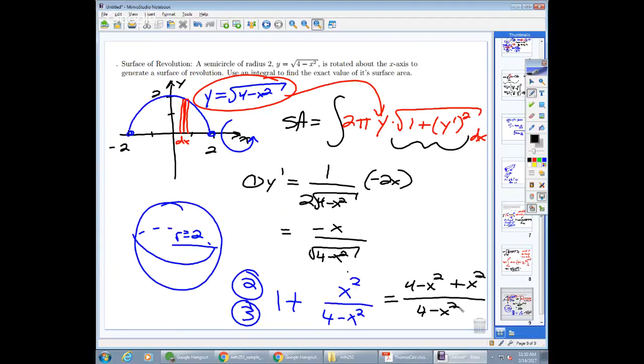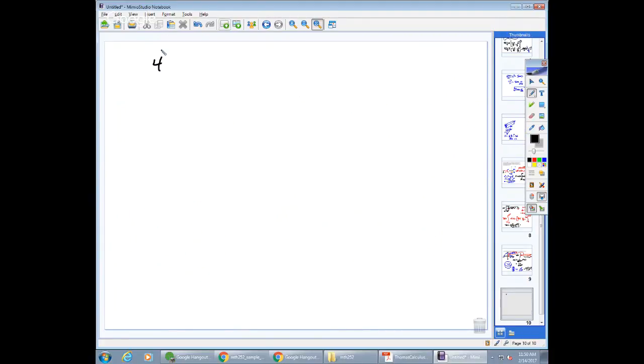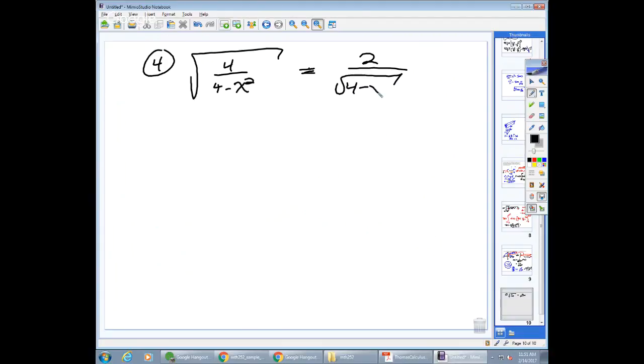That cleans up beautifully, right? It's just 4 over 4 minus x squared. So step 4 would be to take the square root of that, which cleans up a little bit. I can rewrite that as 2 over the square root of 4 minus x squared.